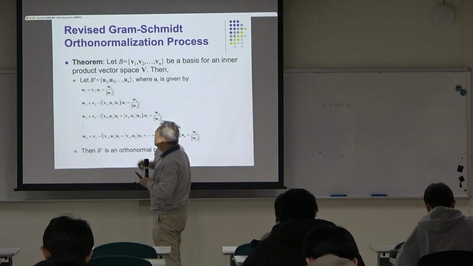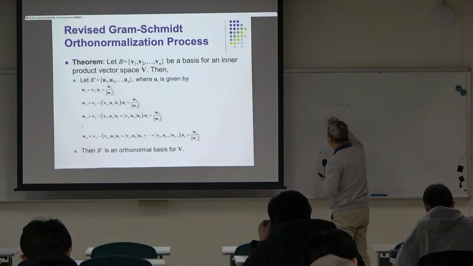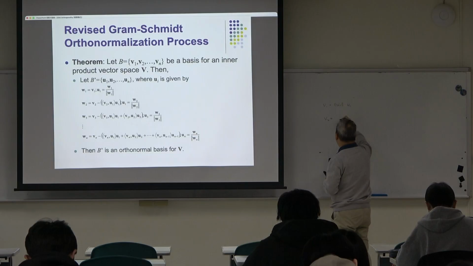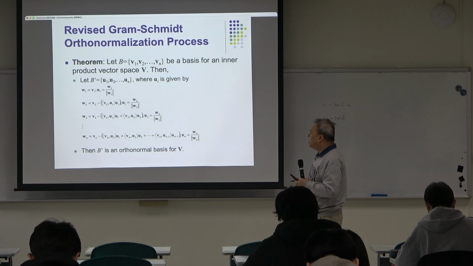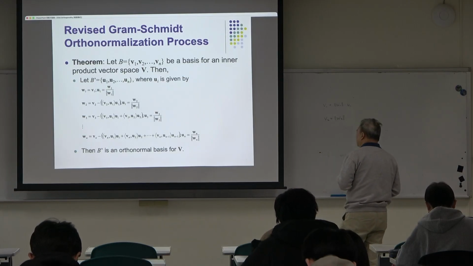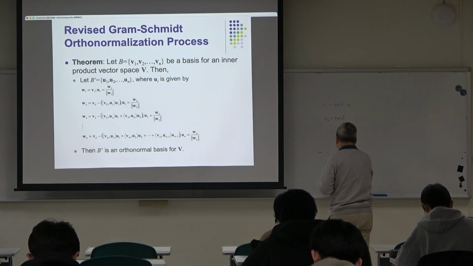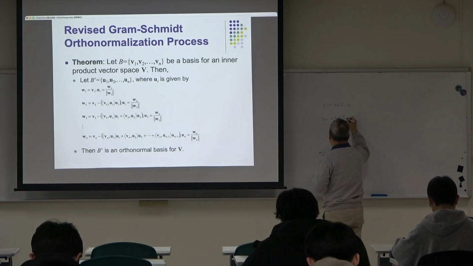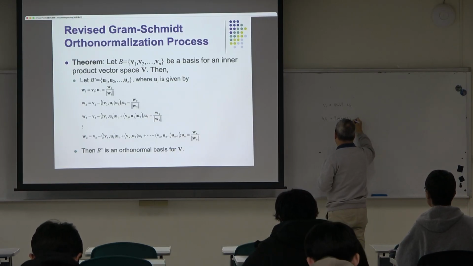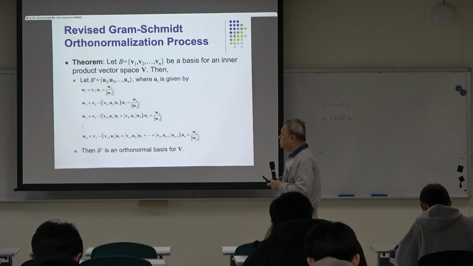Typo here. So how about V2? V2 can be represented as the norm of W2 times U2, but W2 is not U2.